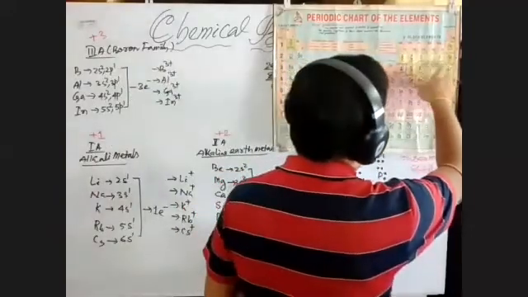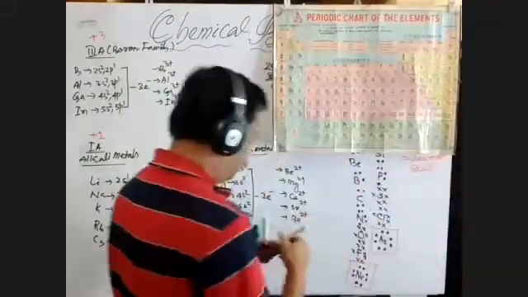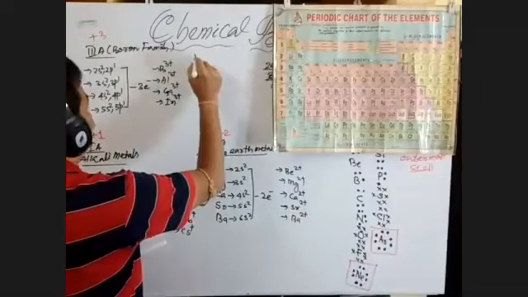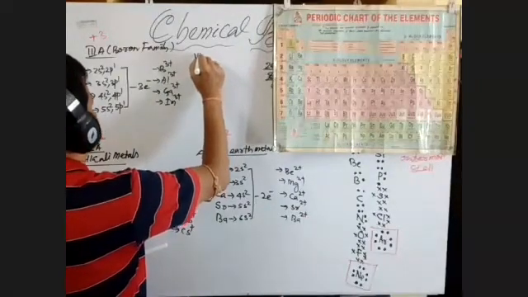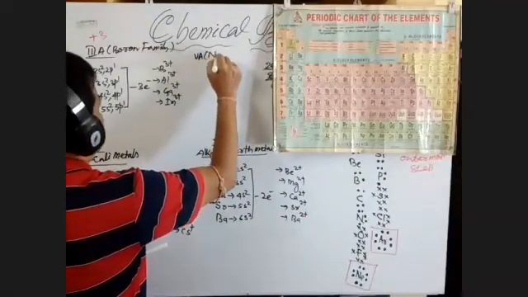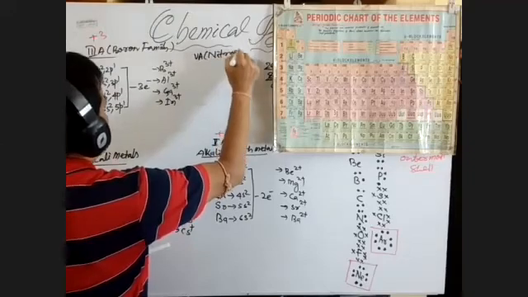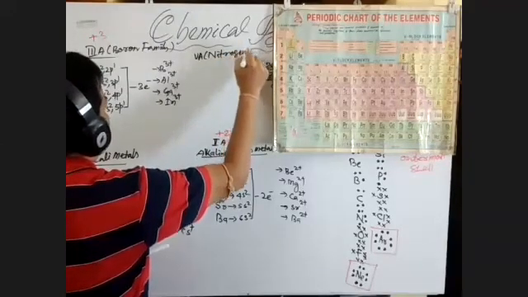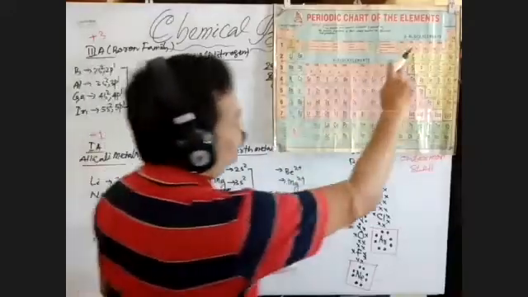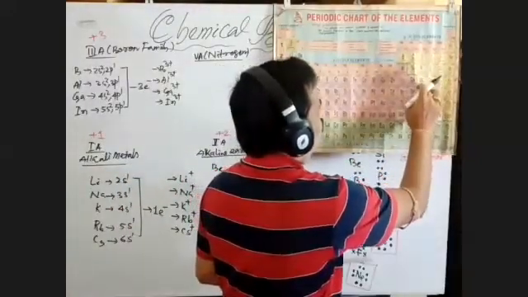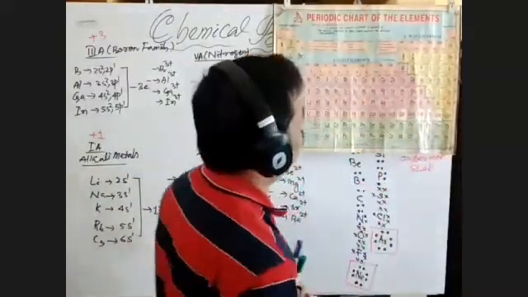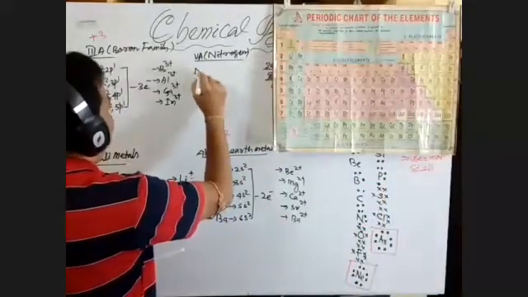So coming to the next one, that is your fifth A. This is called the nitrogen family. So in this family, nitrogen is the first member. Nitrogen, phosphorus, arsenic, antimony. So nitrogen.